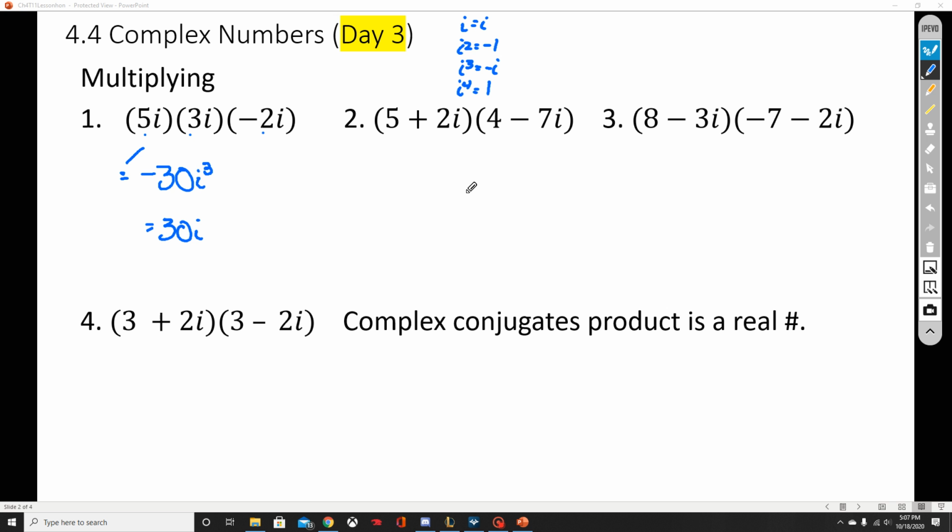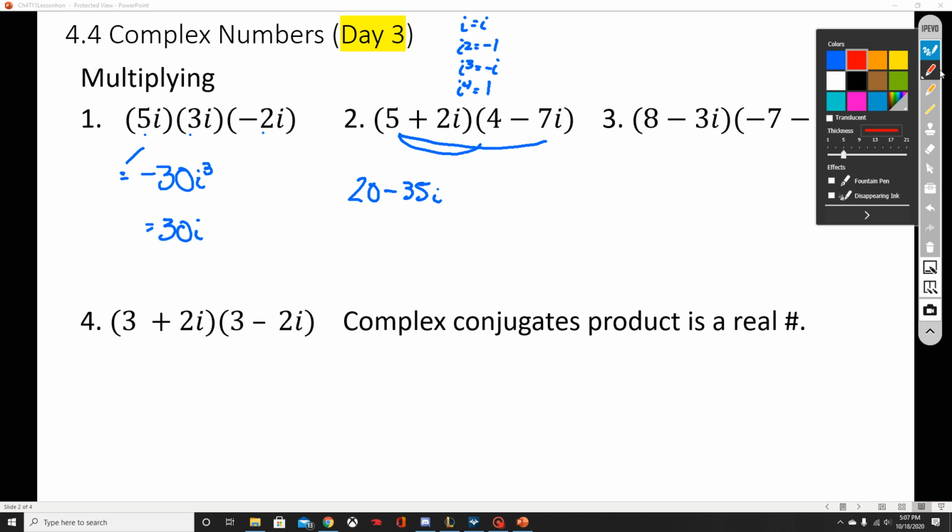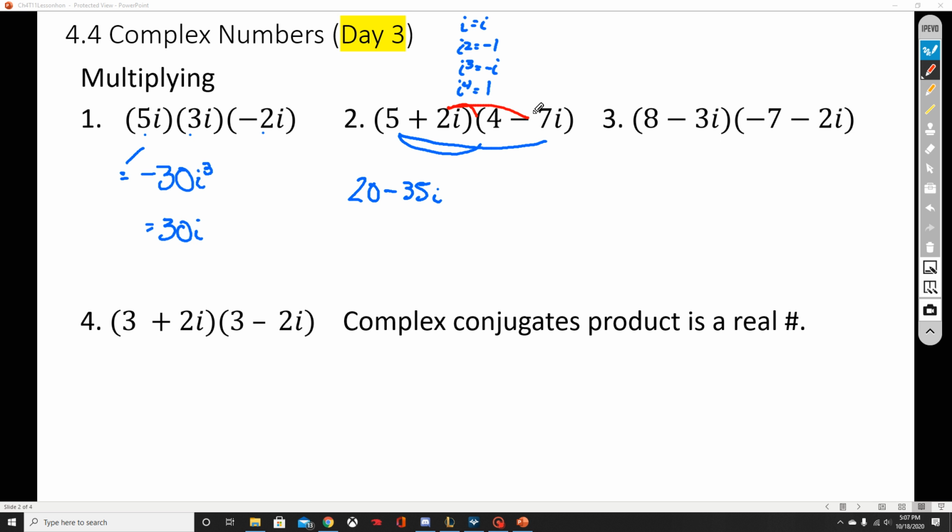Let's look at this one. Okay, so number 2, we have to use the distributive property. So let's distribute the 5. 5 times 4 is 20, minus 5 times 7 is negative 35i. Alright, and then we're going to multiply the 2i to each of these. 2i times 4 is 8i.